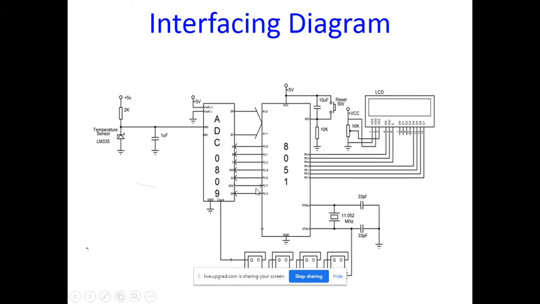When end of conversion is recognized by the 8051, it will activate the OE signal to output the latch, and whatever data is available is taken from the ADC and comes into the 8051 through this port, which is now your input port. Through this it comes into the accumulator, and through the accumulator it is passed to the output device.